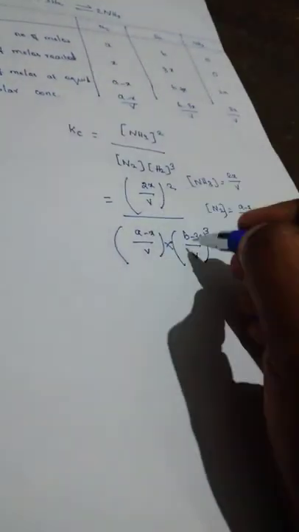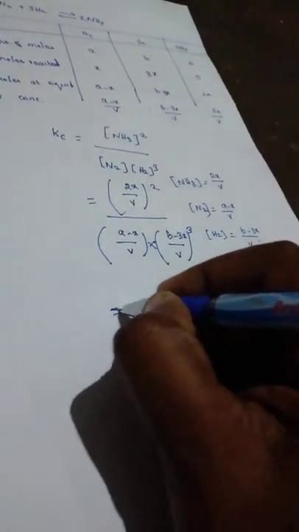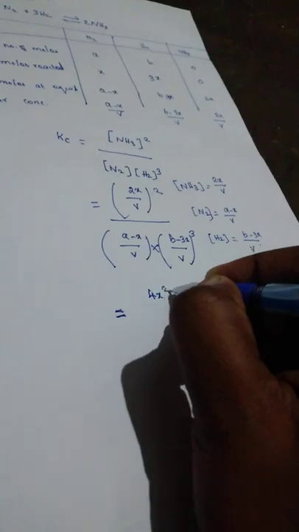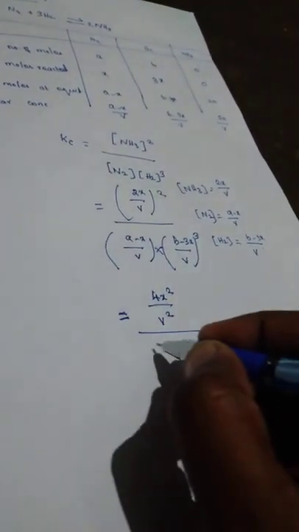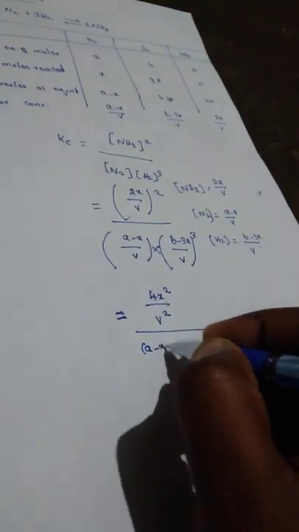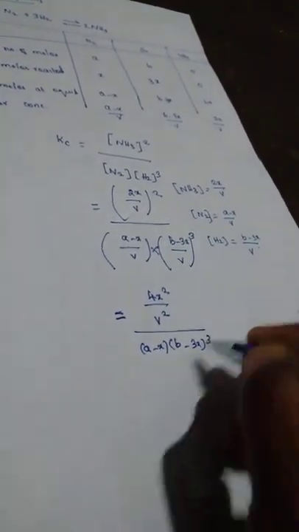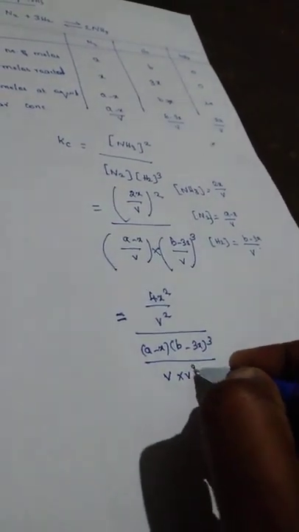Understand? Now we can simplify this derivation. How can we simplify this? 2X divided by V the whole squared gives 4X squared divided by V squared, divided by A minus X into B minus 3X the whole cube divided by V into V cube.